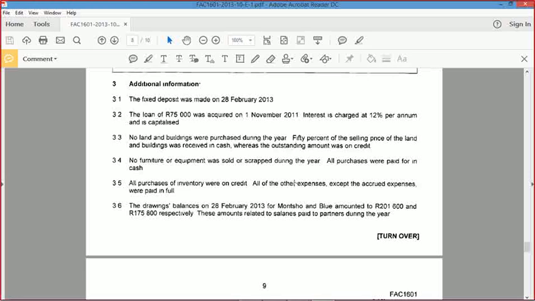Did it go up or down? Fixed deposit, it went up. Operating, financing, or investing? I would think financing. What is the fixed deposit? A fixed deposit is an investment whereby you are taking money and saving it for a specific term.